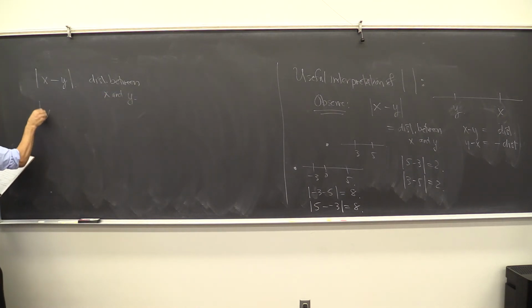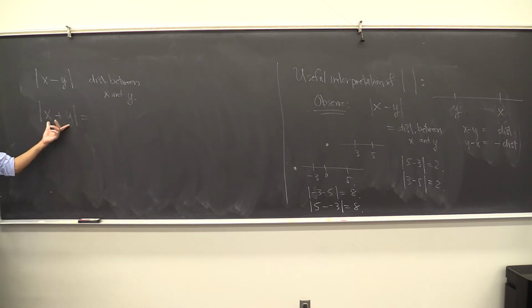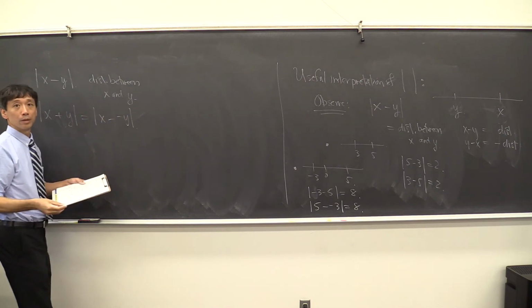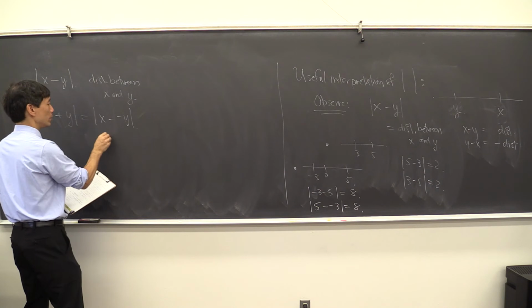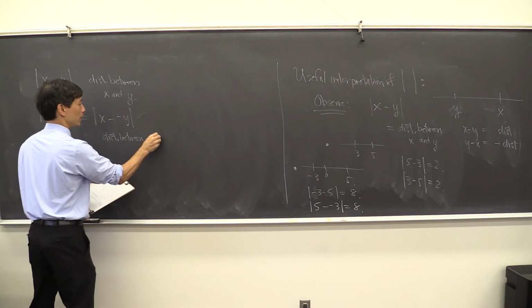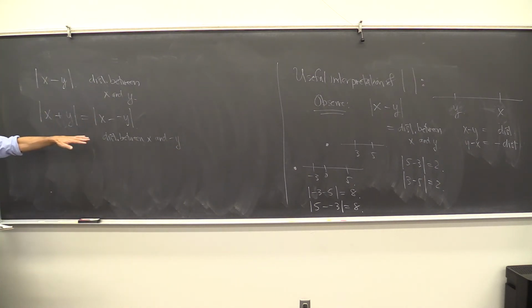If you see something like the absolute value of x plus y, you can still recognize that as a distance. That's going to be x minus -y, so that's the distance between x and minus y. That's the point of that second example.